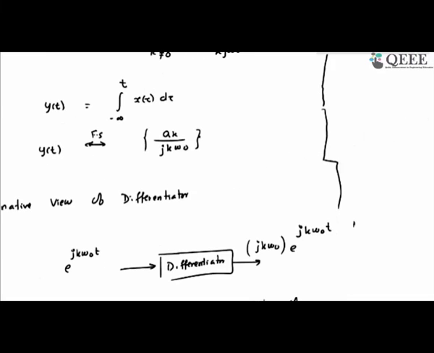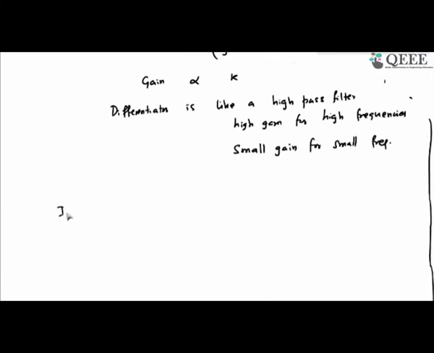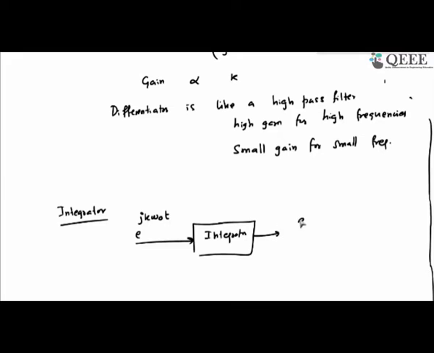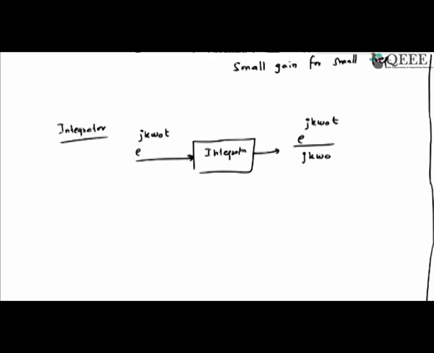So the differentiator is more like a high pass filter, and the integrator is more like a low pass filter. If you give e to the power j k omega naught t as the input to the integrator, what you get is e to the power j k omega naught t divided by j k omega naught. So the gain is proportional to 1 by k.